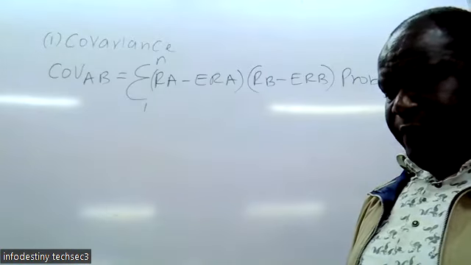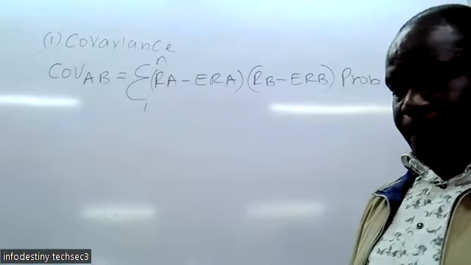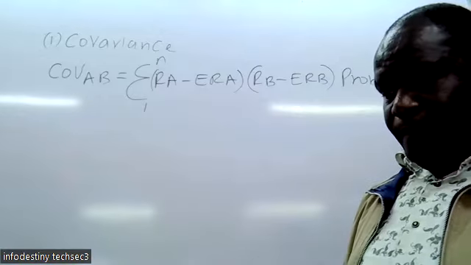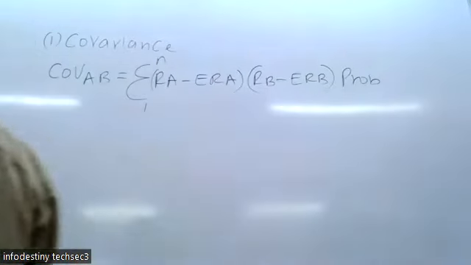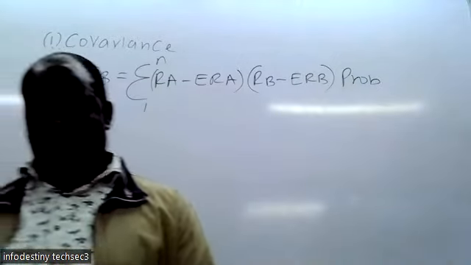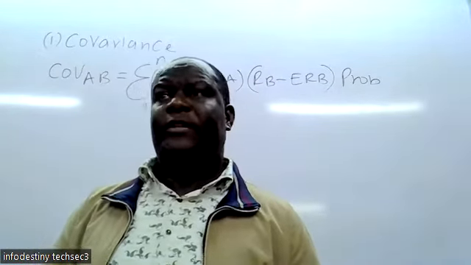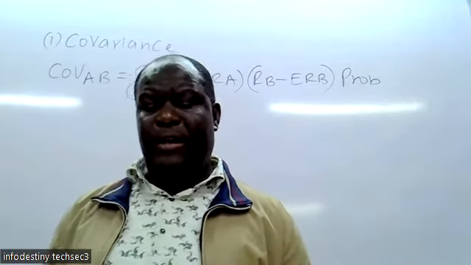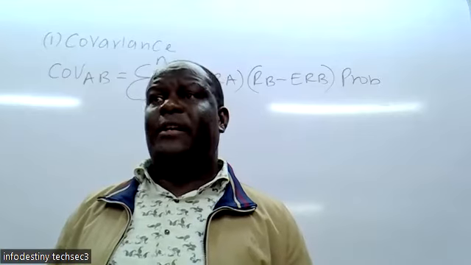I hope you have seen it. The question is, Daima Investment Bank has provided the following information relating to two of its securities, namely A and B. The state of the economy, probability, and security returns are given.